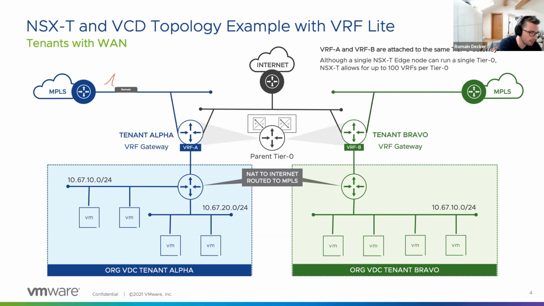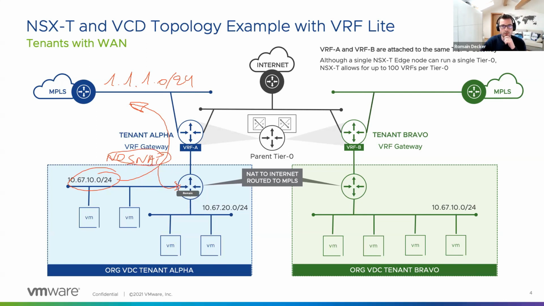In other words, if I have a 1.1.1.0/24 network as the MPLS, I just want that network to have no SNAT. That no SNAT is defined in the edge gateway.